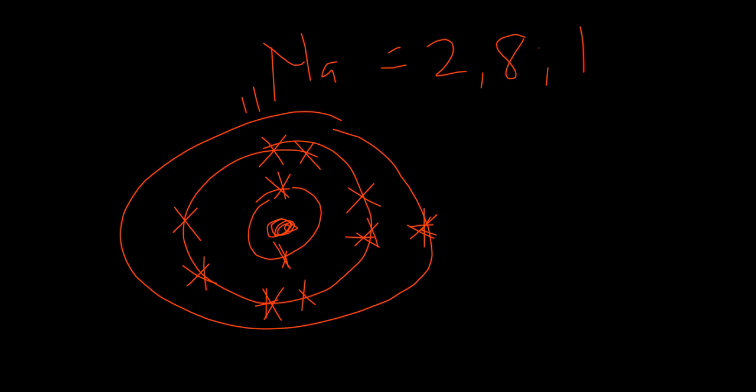And like we've already said, in ion formation, your focus should be on the valence electron. In the case of sodium, it has one valence electron. That's one electron in the last shell. Now, the rule is this. Anytime an atom has four or fewer valence electrons, you lose them.